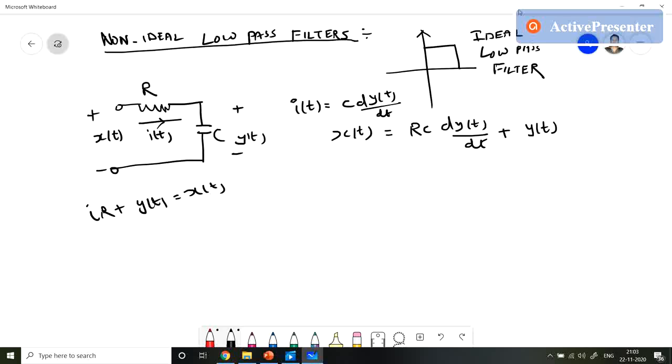We have just used that relation of i(t), so this we will get. Now this is a constant coefficient differential equation. This is equation number 1.